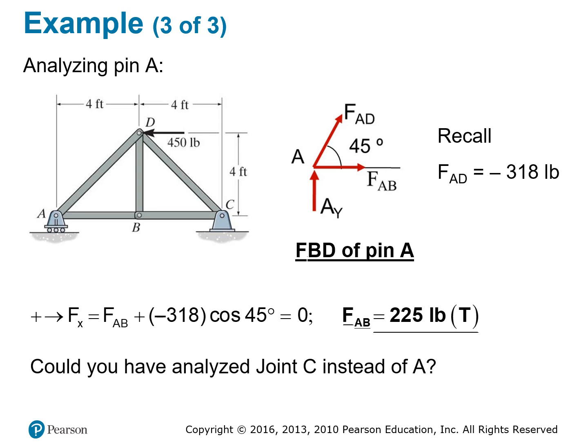I solved the A_x, A_y already, right? So you can use that information to solve the problem, or you can just draw the free body diagram at the pin of A. We solved this one. We said this one is 250. And we just solved this one here in the previous case, which is 318.